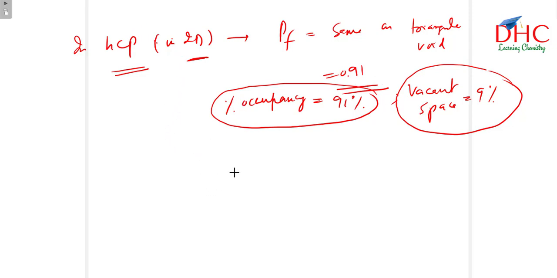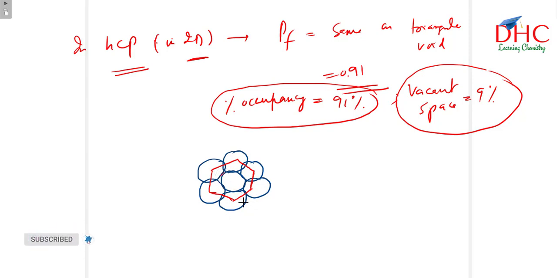Let's have a look. So हमारे पास ये पिक्चर ऐसी है। So we have a picture like this. ये एक स्फीयर है, इसको टच कर रहे हैं 6 स्फीयर्स। तो this is the hexagonal closed packing. अब आपको निकालना है कि what is the void space, vacant space, and what is basically the packing fraction.